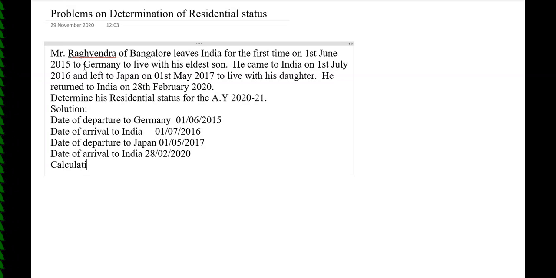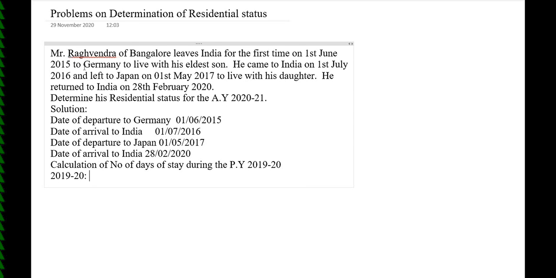So calculation of number of days of stay during the previous year, that is 2019-20. So here during 2019-20, what has happened here? This previous year starts from 1/4/2019 and ends on 31/3/2020.